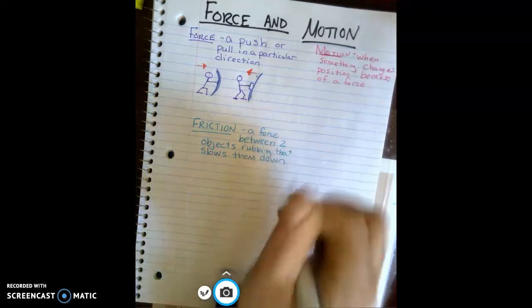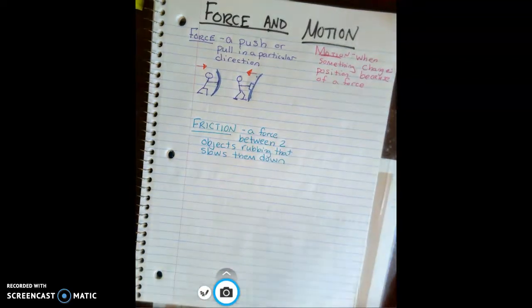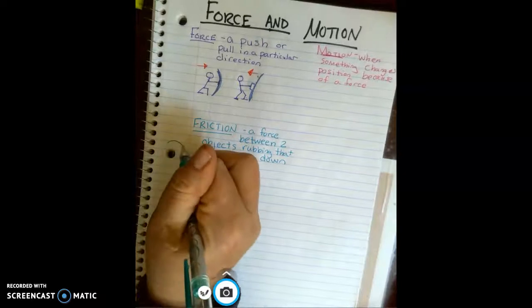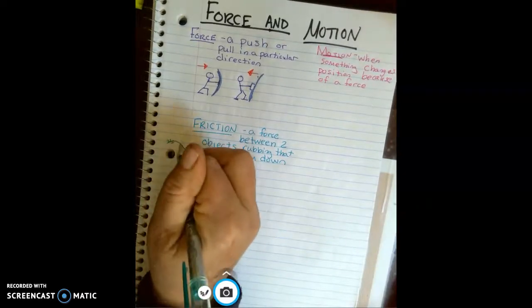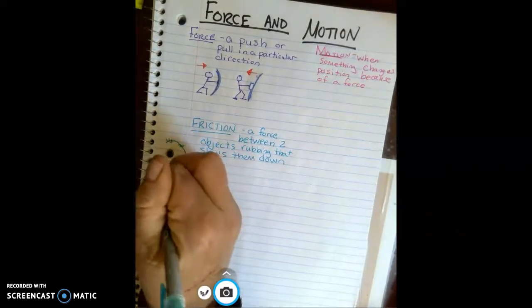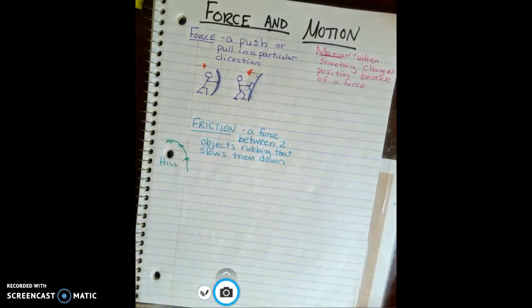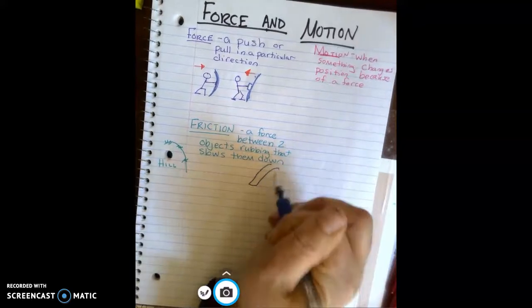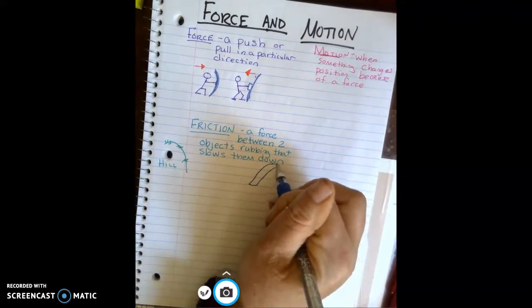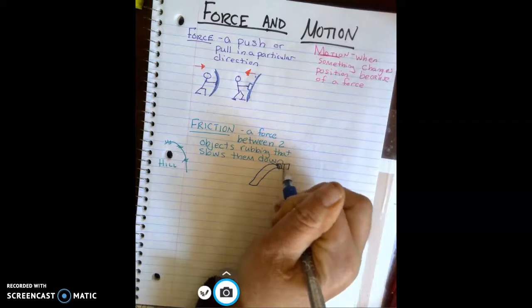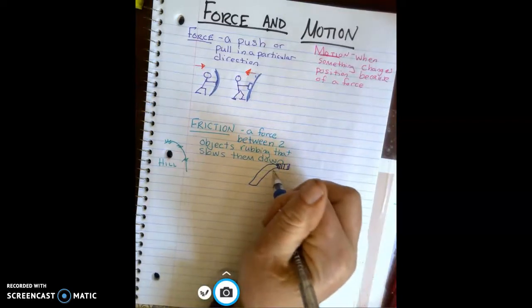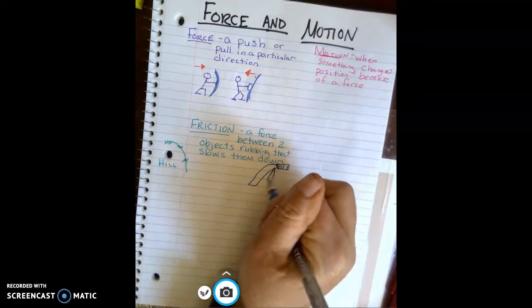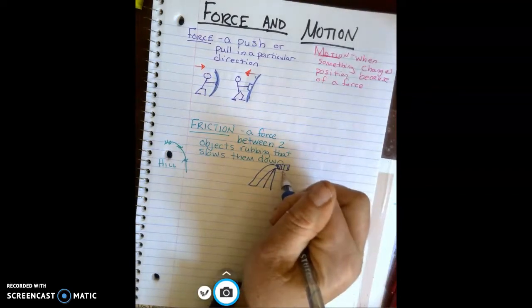Okay, so for example, if I had a nice little hill here. That's my hill. Or I had, I'm not good at drawing these, I'm going to try my best to draw a slide. So if I go to the playground and there's a slide there, we'll draw a ladder.